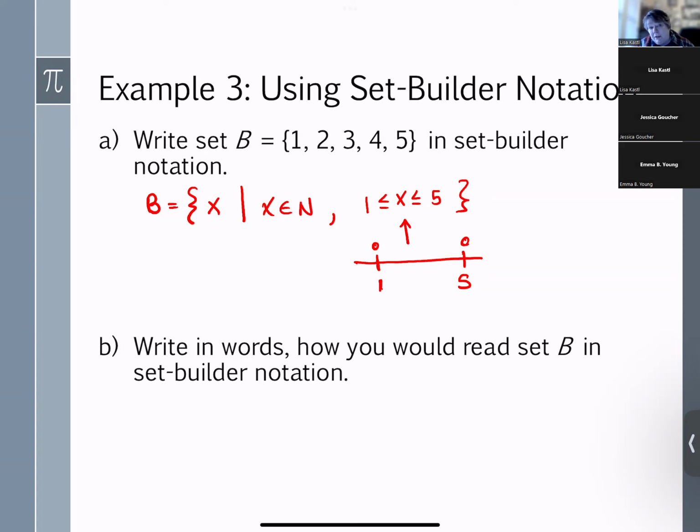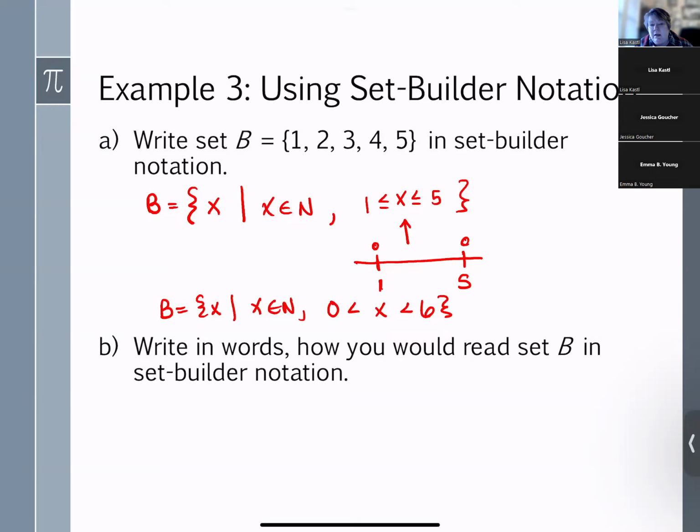Now you could also write it using inequality notation without the equals. So you could say something like, it's the set of all x such that x is a natural number and x is between, well, probably not, but we could write something like this. It's between 0 and 6. And I hesitated there.